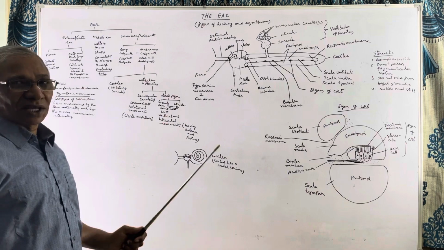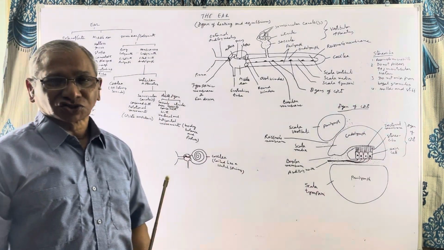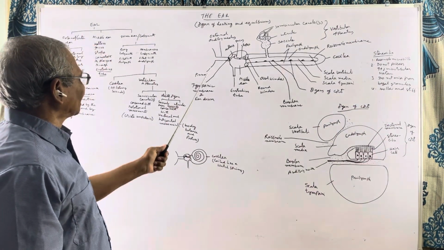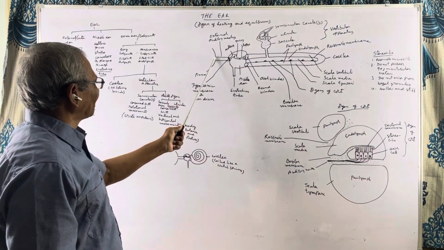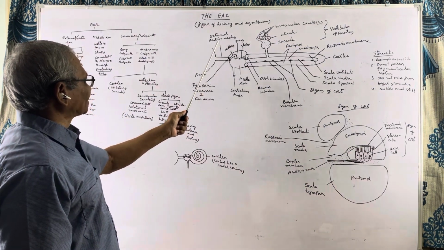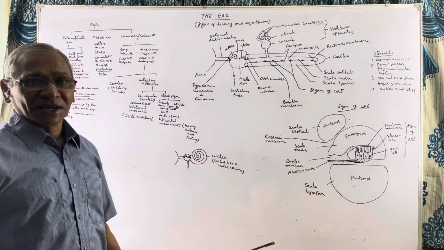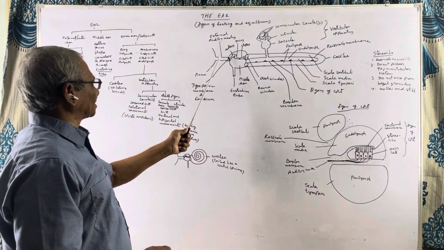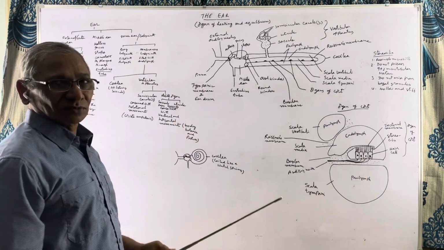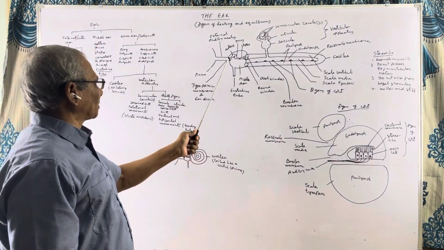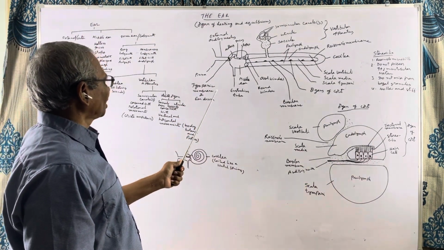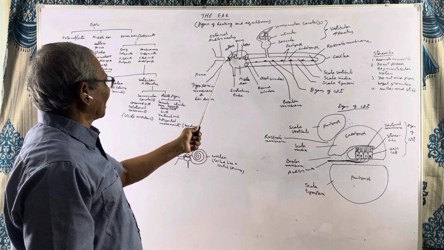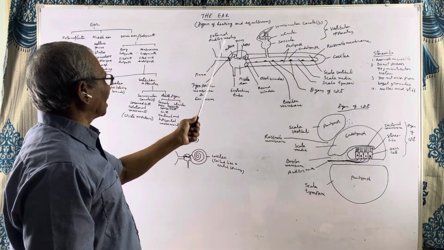The function of pinna is to collect sound waves. Then this canal, the pinna opens into a canal known as external auditory meatus. The external auditory meatus conducts the impulses to the tympanic membrane. The tympanic membrane is also known as eardrum. It is present between the external ear and the middle ear.